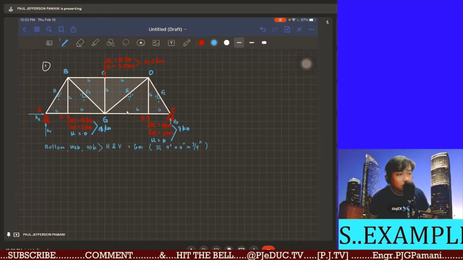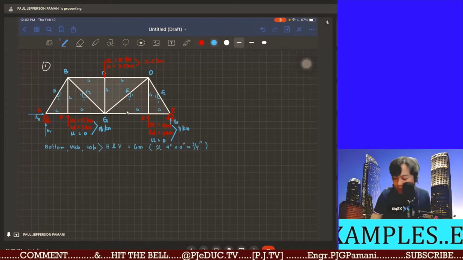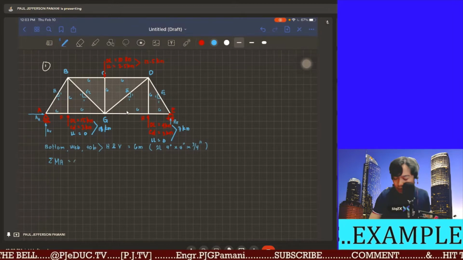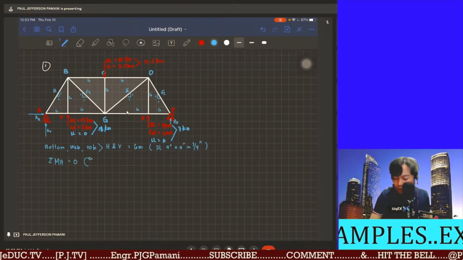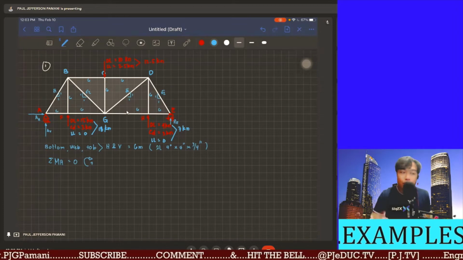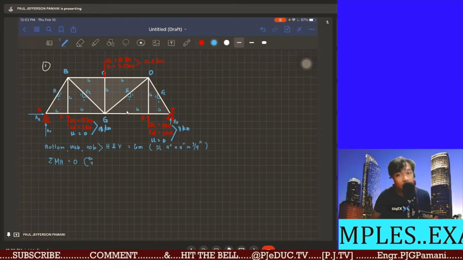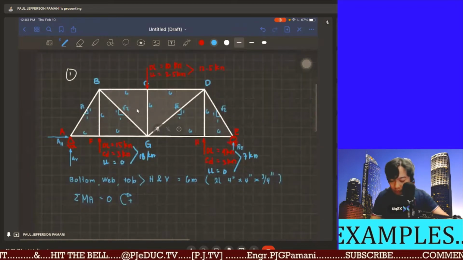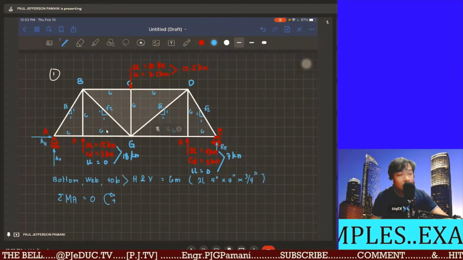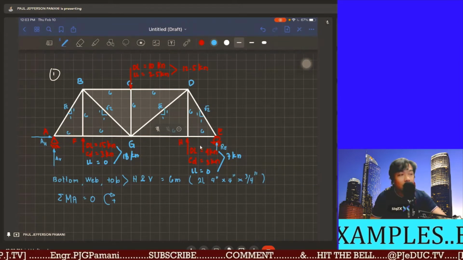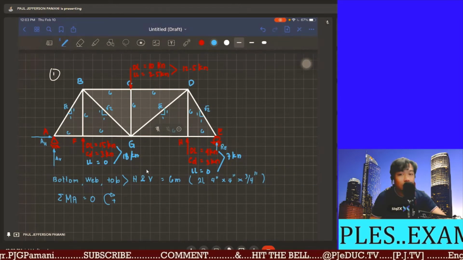Joint A, sir. Sige, summation moment at joint A equal to 0. All clockwise motion, positive. Okay, what are the forces that we can moment about point A as shown in the given figure? Ano yung pwede nating i-moment sa joint A? Those are applied forces, dead load and live load, and their equivalent summations.